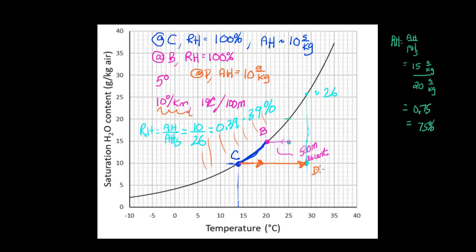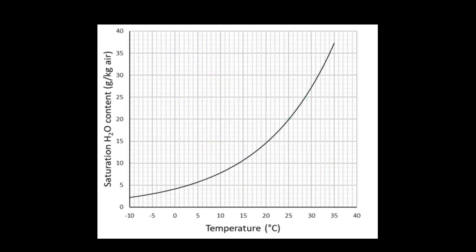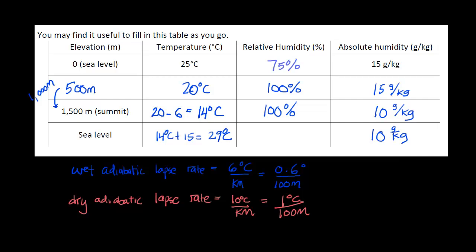So the final relative humidity will be, let's just call it 39%. So let's go back and write that into our diagram here now. So final relative humidity is 39%.